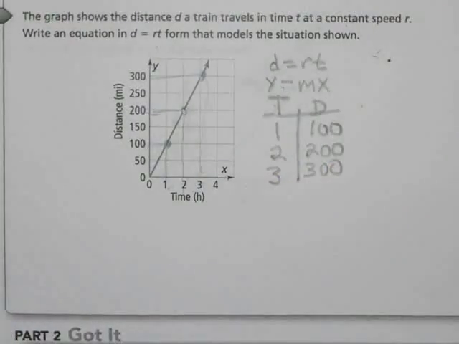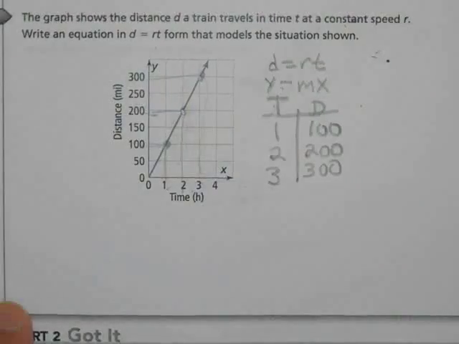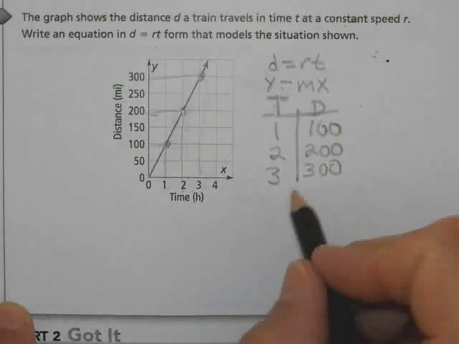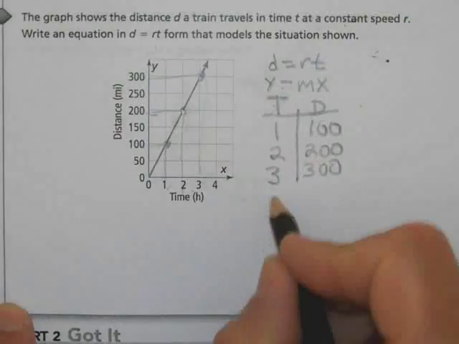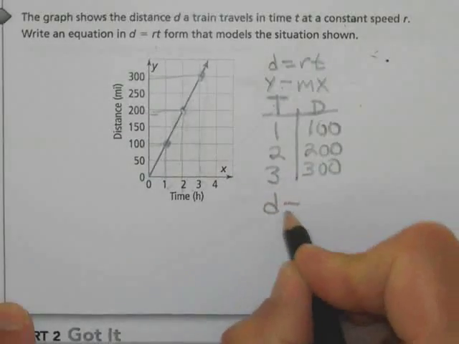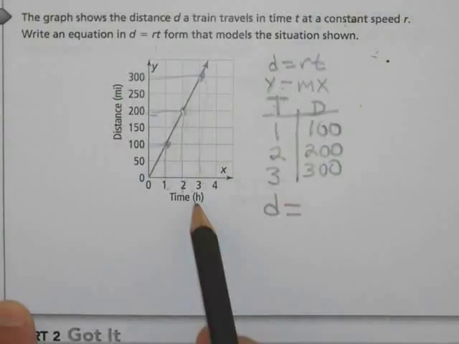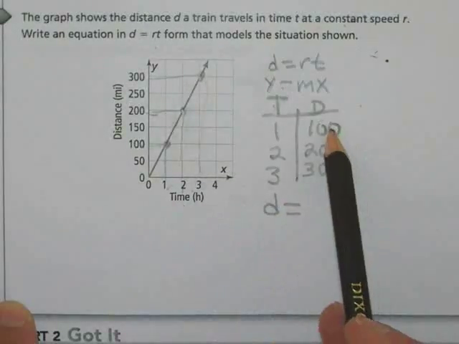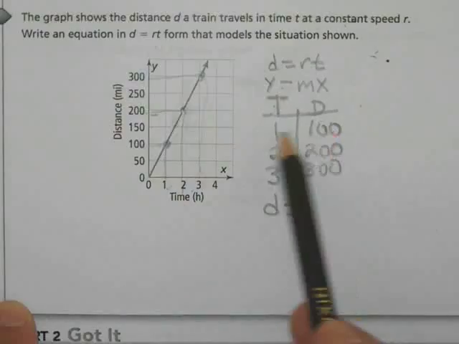So that's our information. Now, how do we turn this information from the graph into an equation? Well, what it looks like to me here is that d, and now I'm going to go back to the lowercase, equals what? What do I have to do to t to generate d? Well, it looks like I multiply t by 100 to get d.